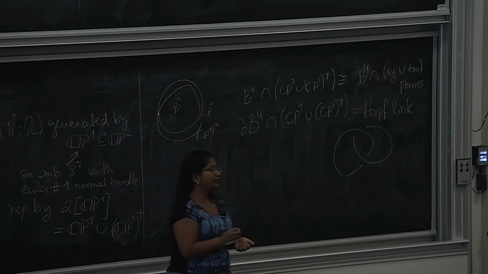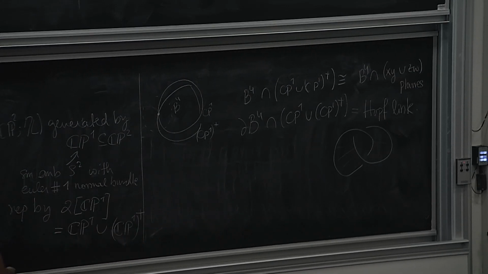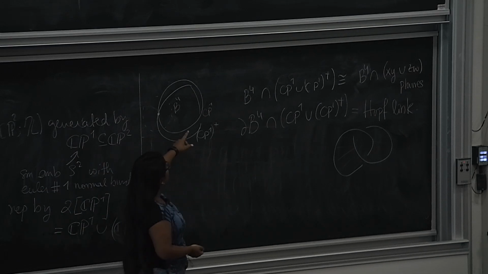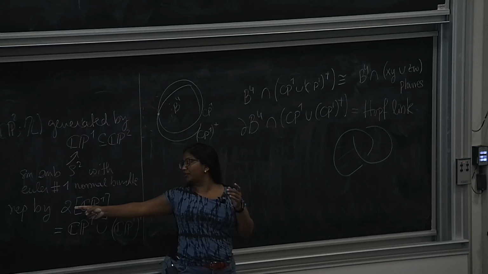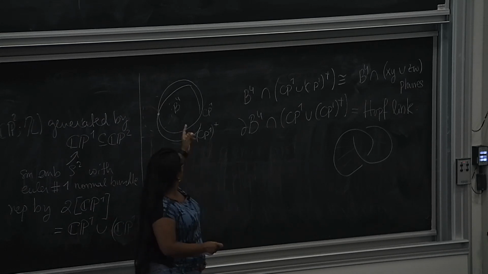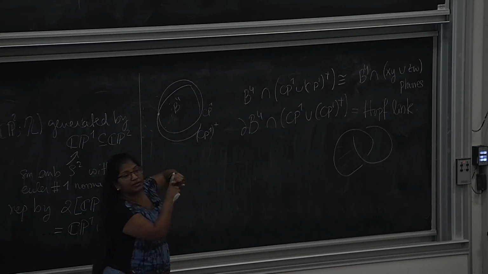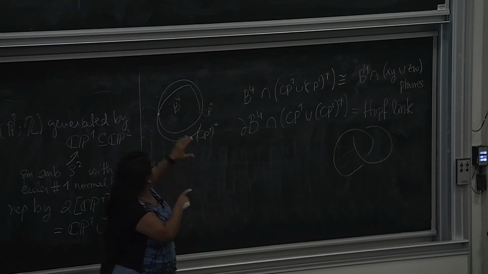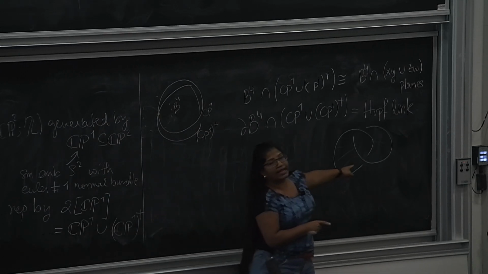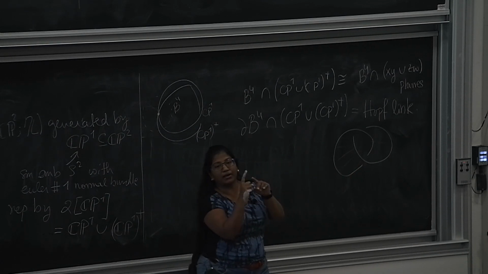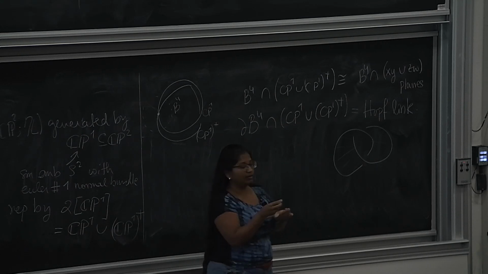And so here's my smooth construction. I'm going to take my representative, which is these two CP1s with that transverse intersection, remove the stuff that's occurring in this B4, throw it out, and glue in that annulus that's in that boundary S3.